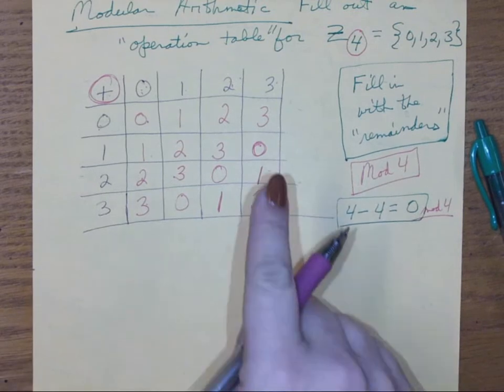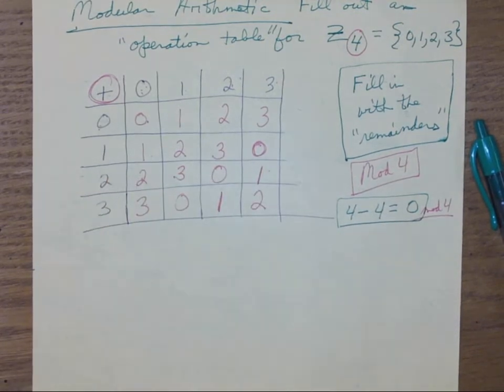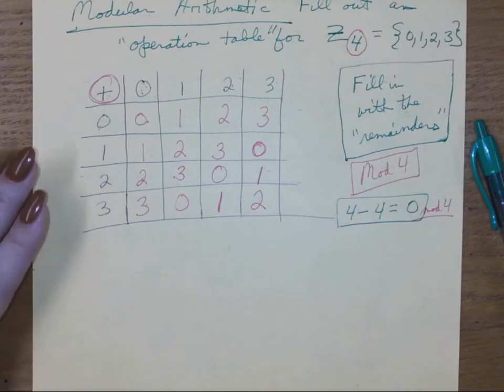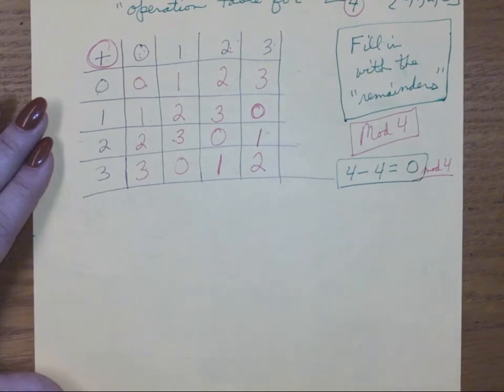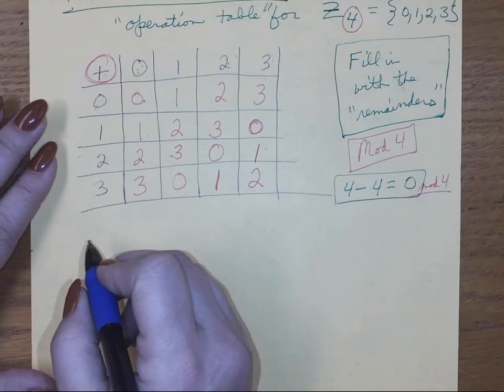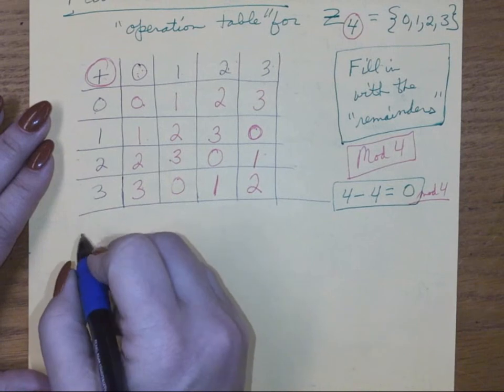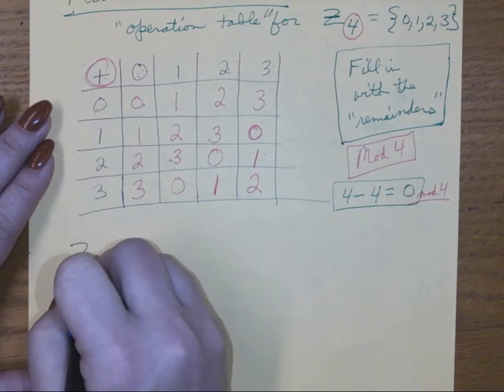All right. So there is my operation table, all filled in with what numbers would go there if I added mod 4. Okay. So real quickly, let's do another one. This one's fun. This one's binary. If you've done computer science stuff and you've seen binary, it's kind of interesting.